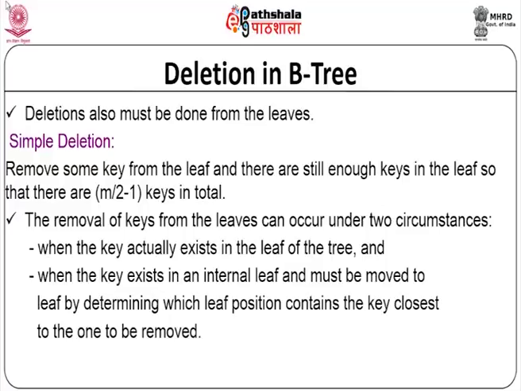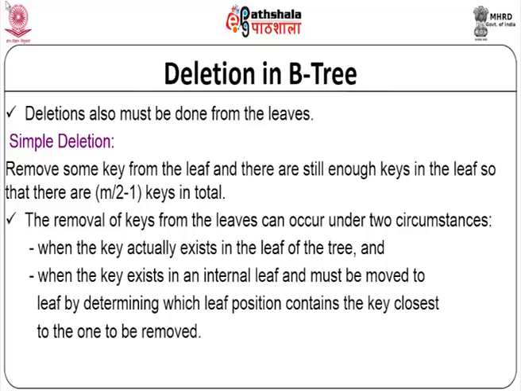The first condition is, if the key you want to delete is directly in the leaf, and even after you delete that key it satisfies the lower bound condition of m by 2 minus 1, then your deletion is done.